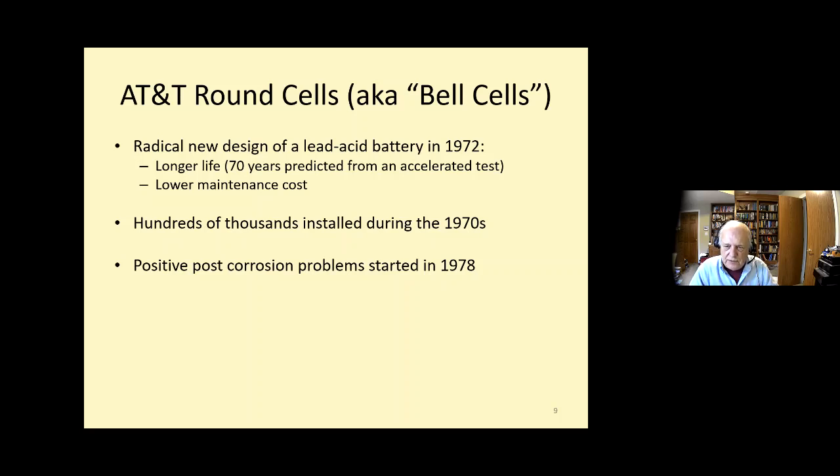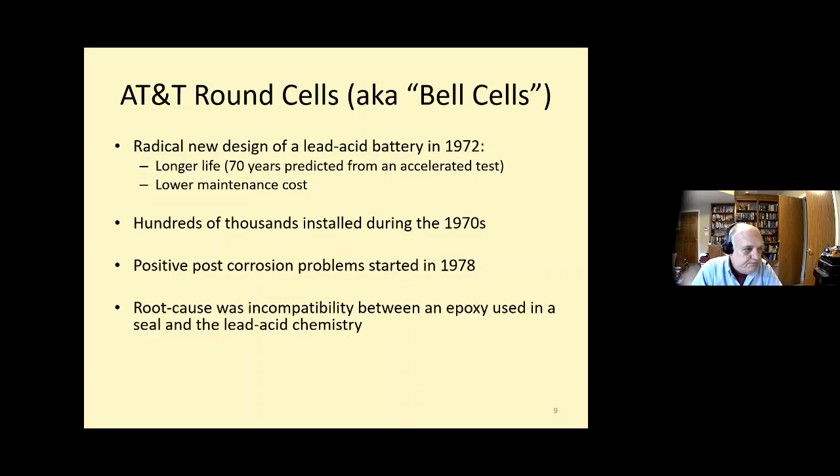After the survey was conducted, they discovered that about 30% of the batteries had this serious corrosion. And then they had to figure out the problem and figure out which ones to replace first and so forth. The root cause was an incompatibility between an epoxy seal that they had around the posts, which was meant to lower maintenance cost by not letting the corrosive elements come outside of the battery. So ultimately, a very large proportion of these cells had to be replaced.